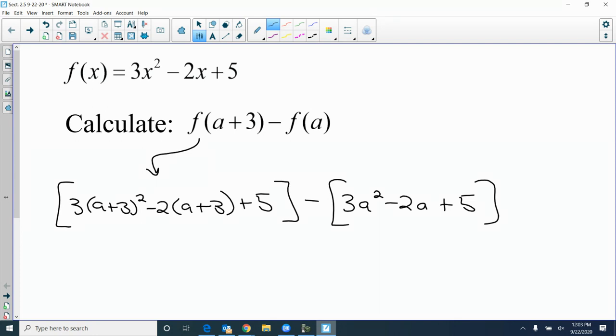Did I need to distribute the negative? I think that's the deal. I didn't distribute. FOIL first, then distribute.